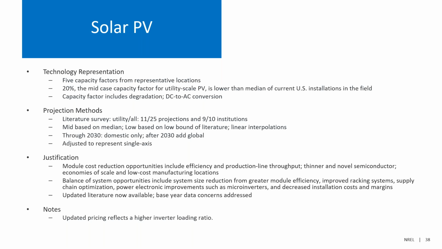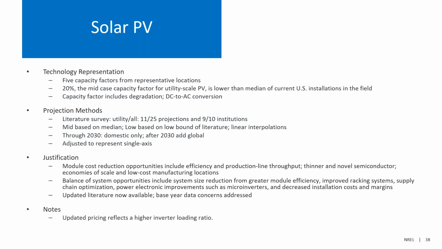The indicative or mid case is, for example, for utility scale PV, a capacity factor of 20%. That 20% is actually lower than the median of current U.S. installations in the field, indicating that right now more PV is going into sunnier places than the average. But our base case is more the average.